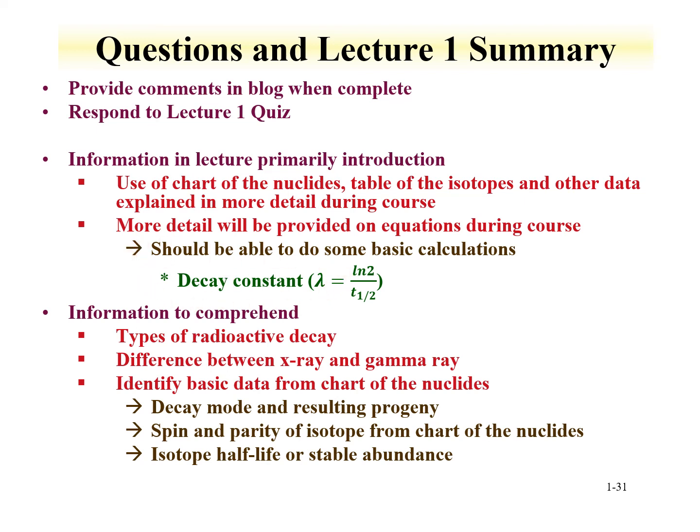The information that you should be expected to comprehend from this lecture includes the types of radioactive decay, the difference between an X-ray and a gamma ray, and you should be able to identify some basic data from the chart of the nuclides. This includes decay mode and progeny, spin and parity of isotopes, and an isotope half-life or the stable abundance of that isotope.